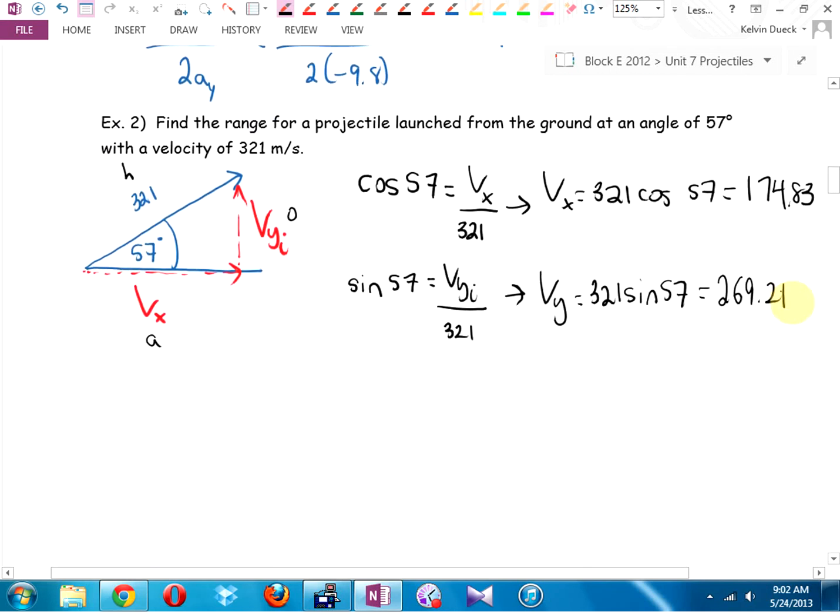Will that always be the case? I guess if you're launching from the ground upwards? Yeah. Mr. Dueck, is there some clever, easy way that I can remember that Vy is sine and Vx is cos? I got nothing. Maybe you'll come up with something on your own, but I can't help you there at all, McKenna. Sorry.